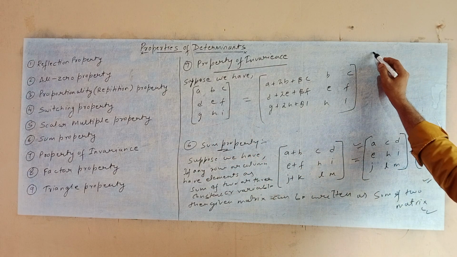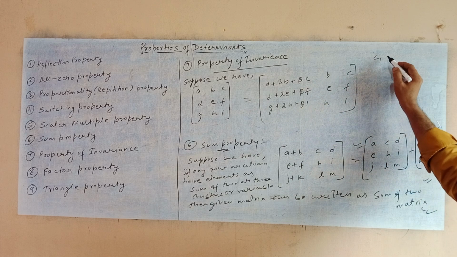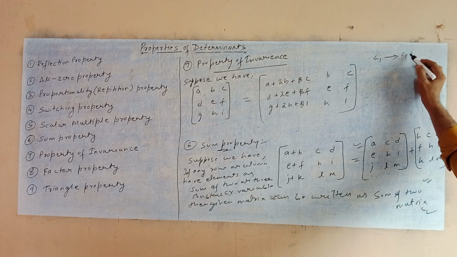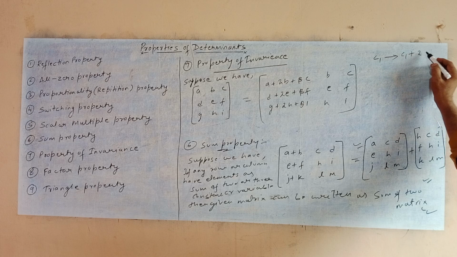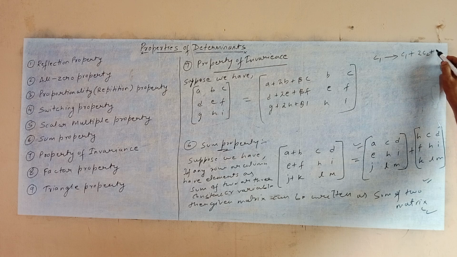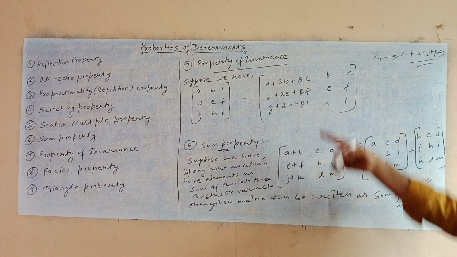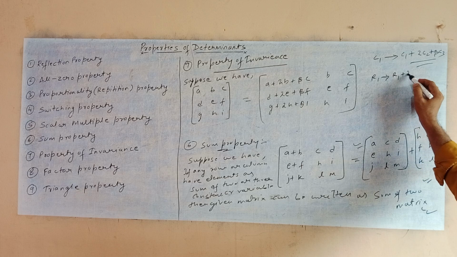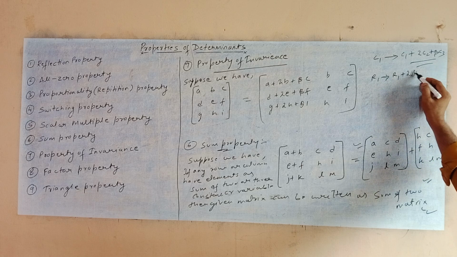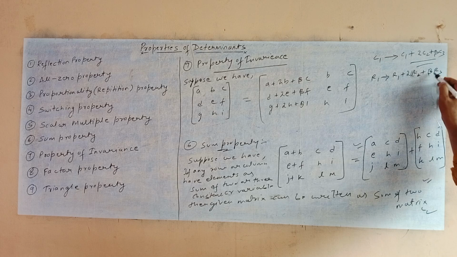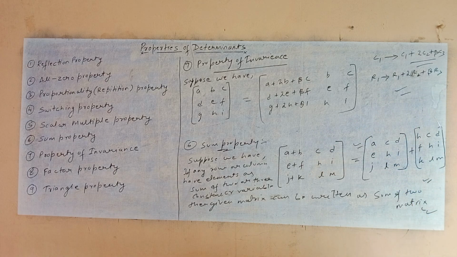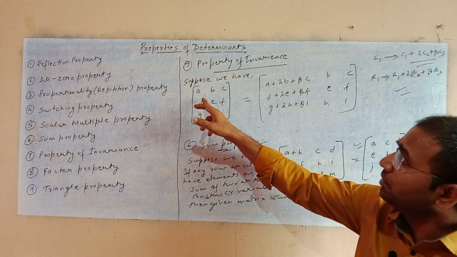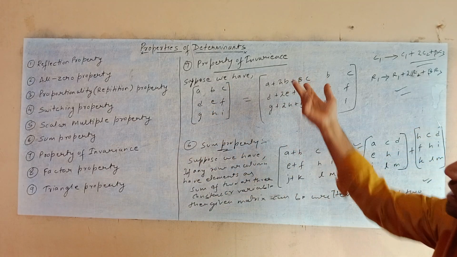It means here we are converting the column first. So C1 can be written as C1 plus alpha C2 plus beta C3, or you can write R1 as R1 plus alpha R2 plus beta R3.